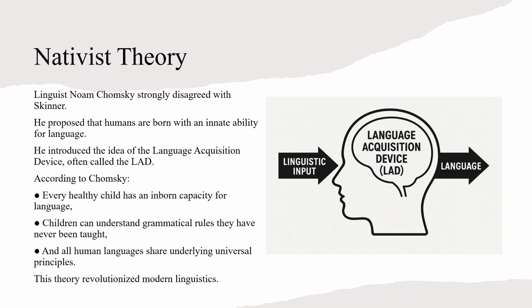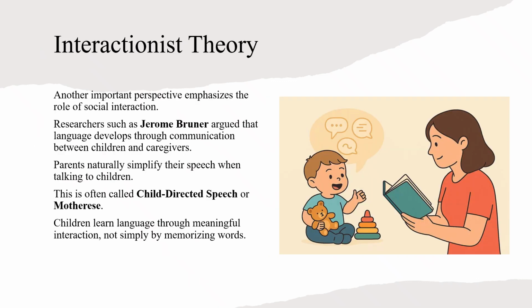According to Chomsky, every healthy child has an inborn capacity for language. Children can understand grammatical rules they have never been taught, and all human languages share underlying universal principles. This theory revolutionized modern linguistics.